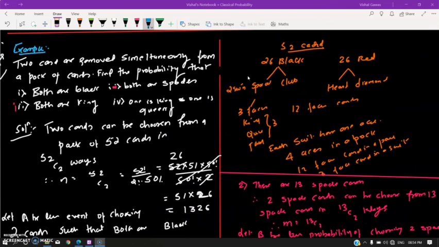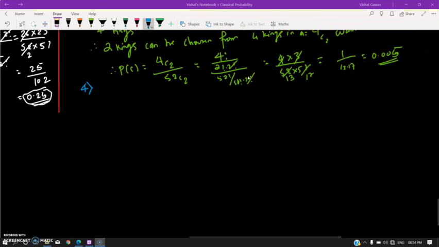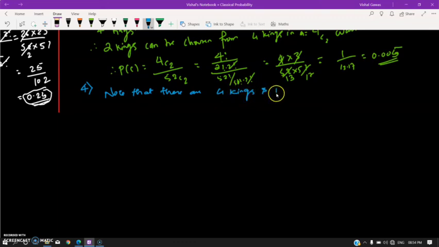Let's look at the final question, that is 1 king and 1 queen. First of all, we need to realize that there are 4 kings and 4 queens in a pack of 52 cards.